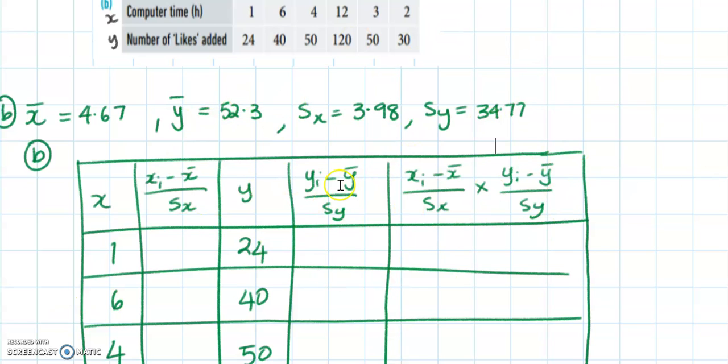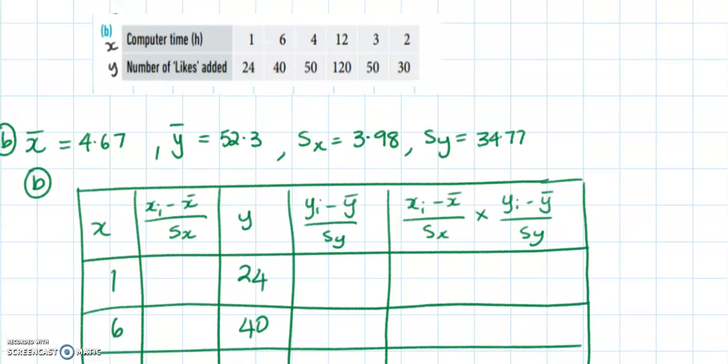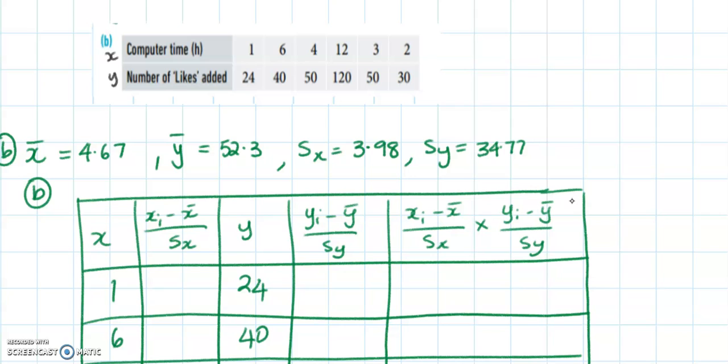Now I've already created a table. In the table what you need is all the values of your x and y variables. In this column we just substitute the values that we got. Remember, xi means your first value. How we calculate that for the first value: I'll make this a bit bigger so I can show the working out.